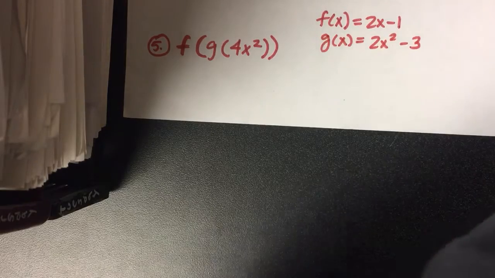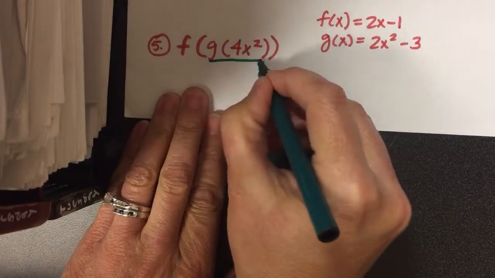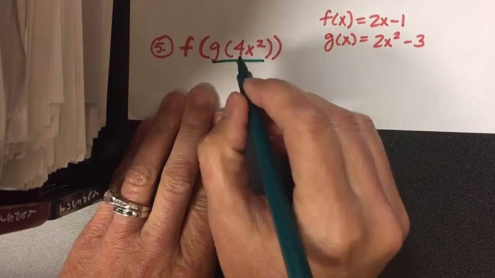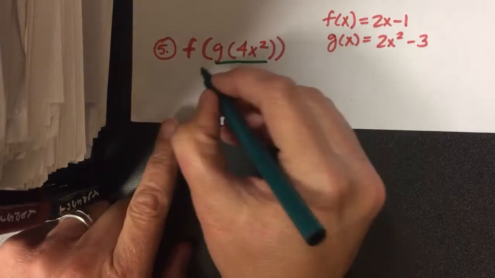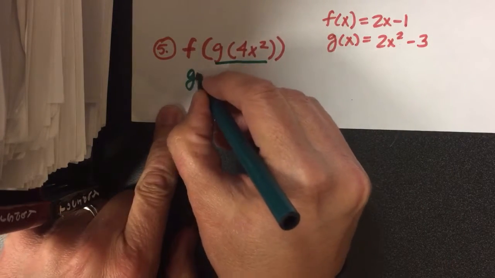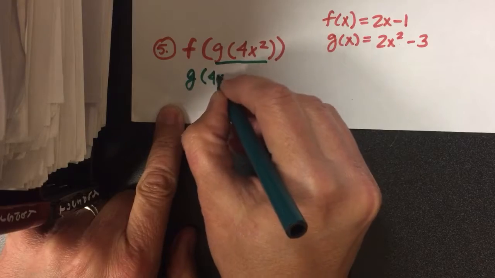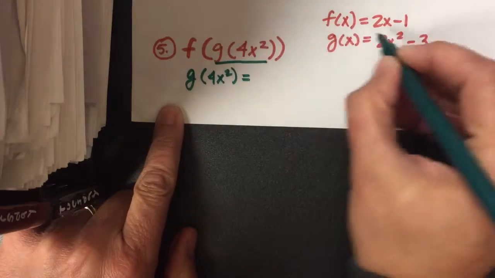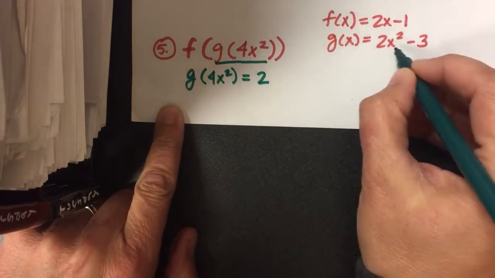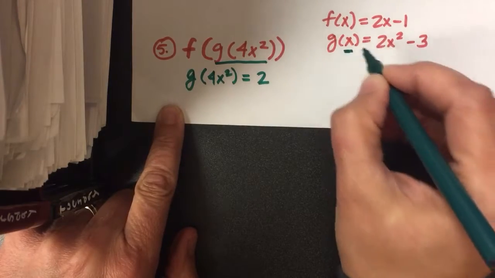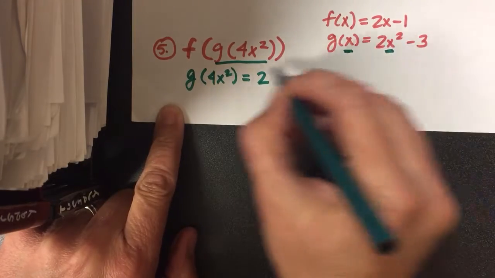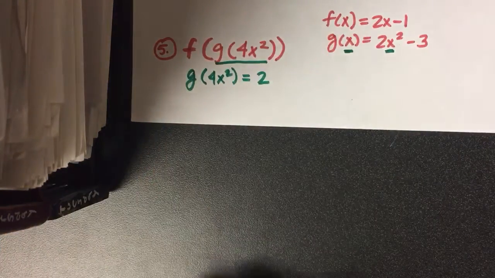So let's work inside out. Once again, g is inside, so we work inside out. G goes first. So I'm going to take g of 4x squared. So that means anywhere in g where I see an input, which is my x, I'm going to insert 4x squared.